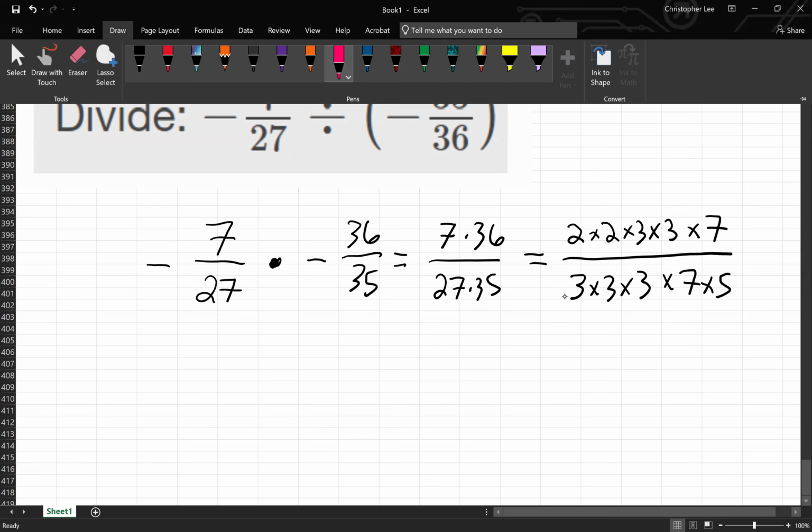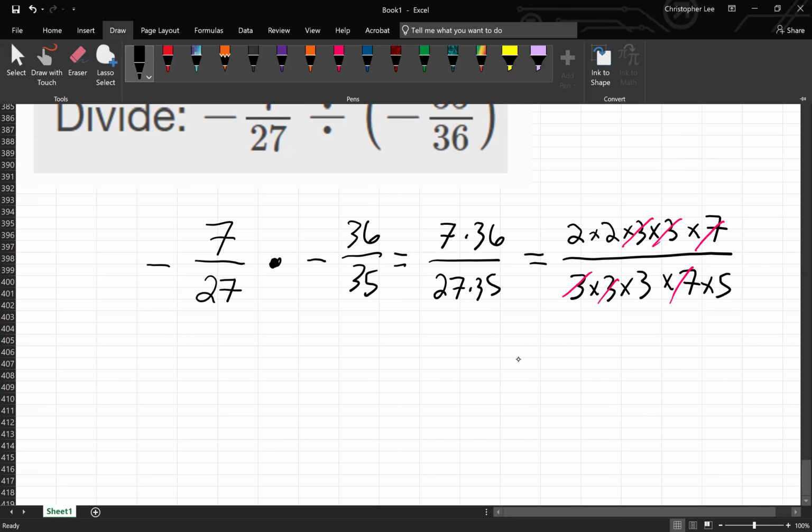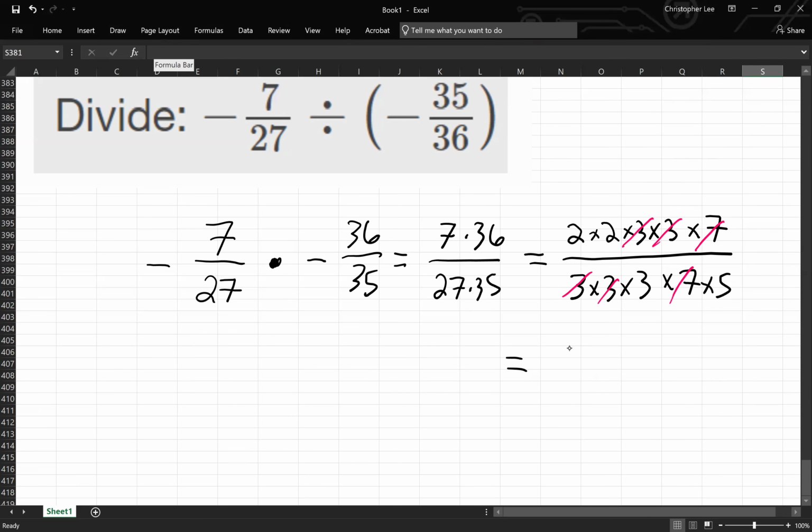All right, so I heard 2 threes and a 7, right? So that's it. Let's see what we're left with. It's going to be 2 times 2 over the 3 times 5. Let's call that 4 over 15. And then that's it.